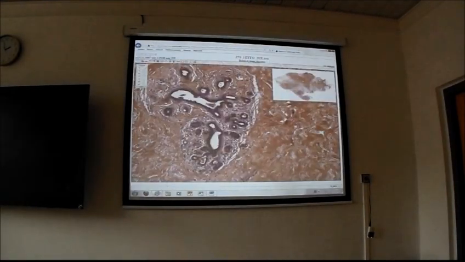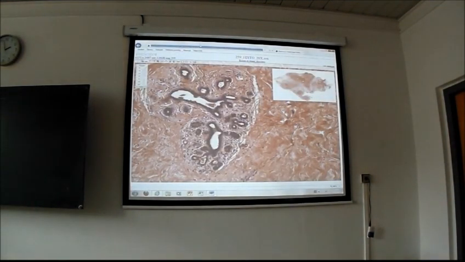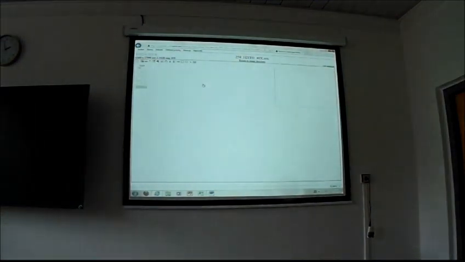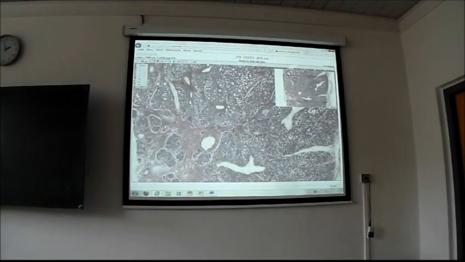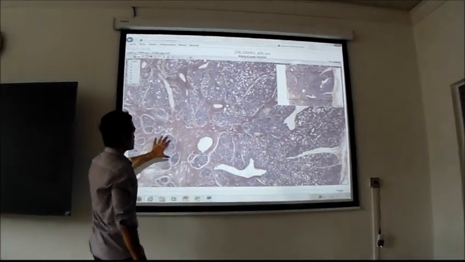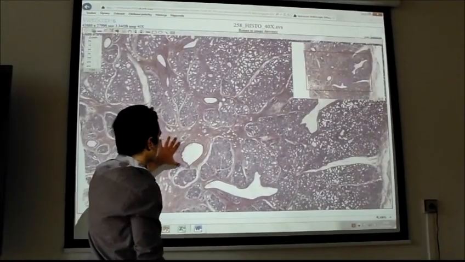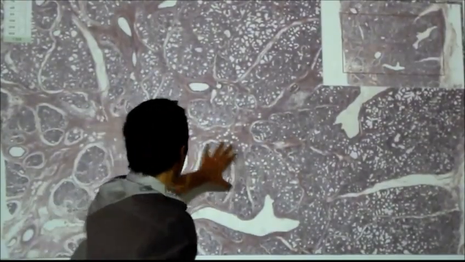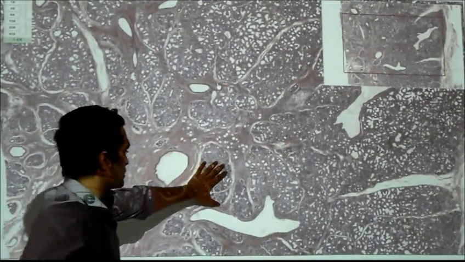When we see this one, we see a completely different picture. You see how much these structures predominate, with little connective tissue. Most of it is glandular structure.